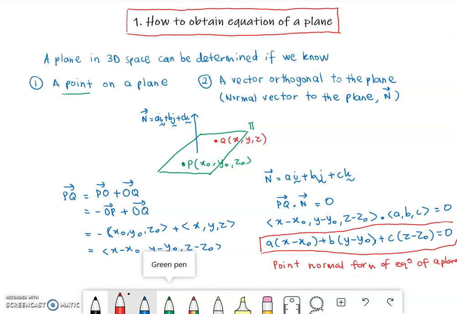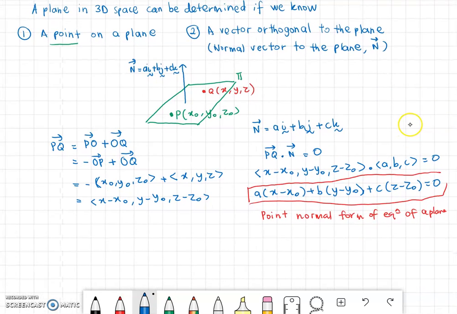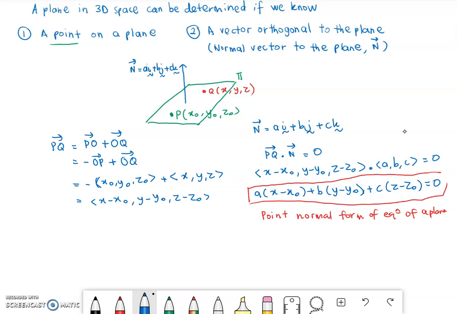We can rewrite this equation by taking all the x, y, and z to the left hand side. So we expand this, we will get ax plus by plus cz, minus ax naught minus by naught minus cz naught equals 0.